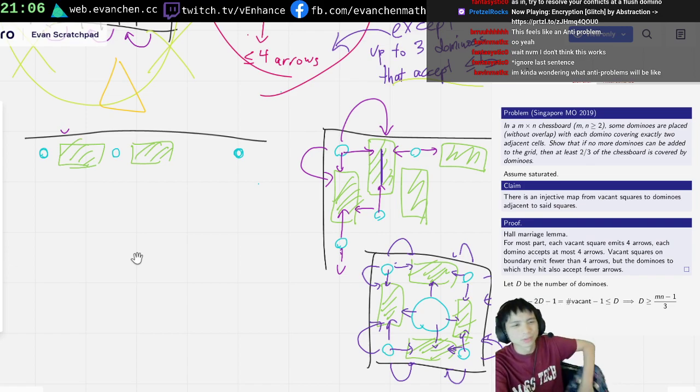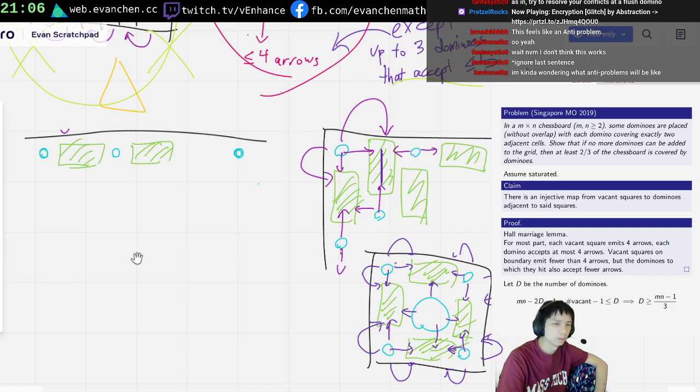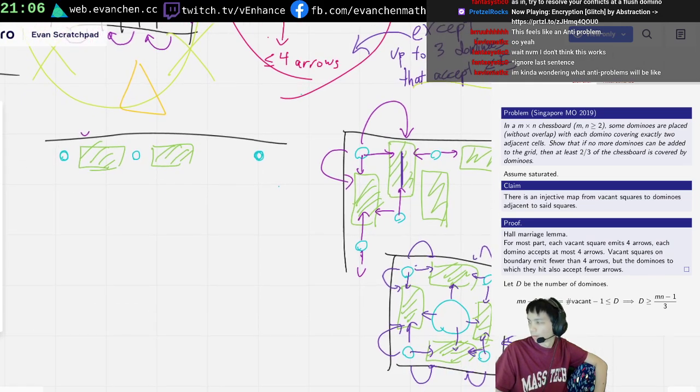It's like the equality is so strong that you need all 4 corners to be vacant. You need the nice tangency to all line up exactly.